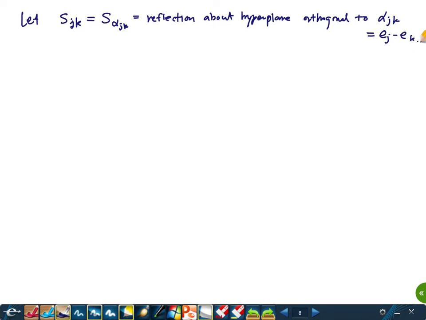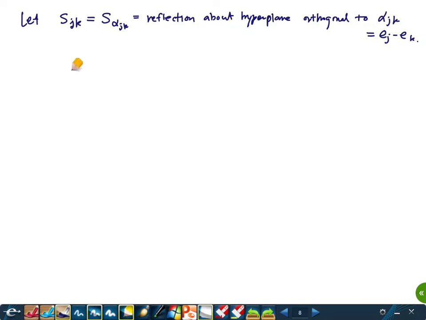So this acts on C^(n+1), but we can focus on R^(n+1) because the roots are always there. You can think of this as R^(n+1). Okay, so let's consider this case.